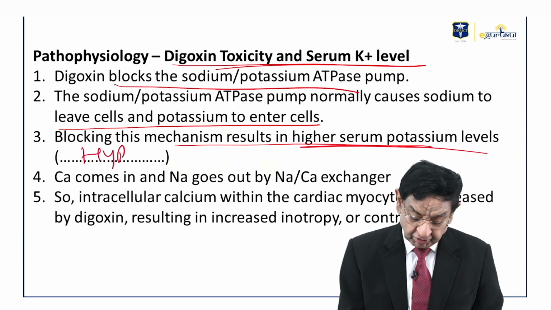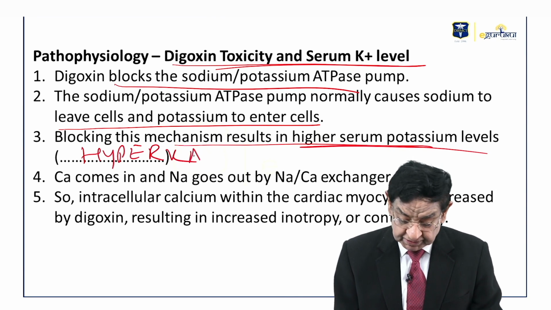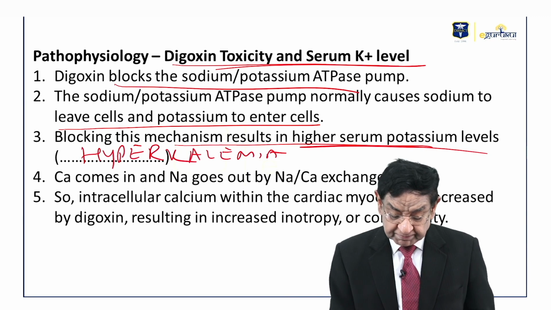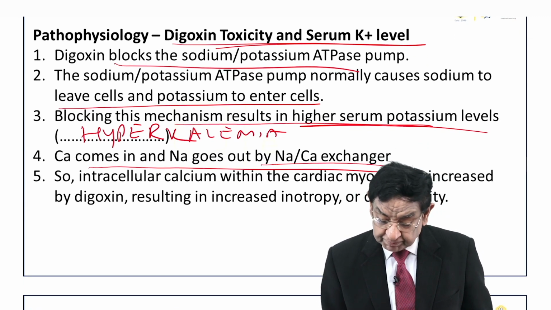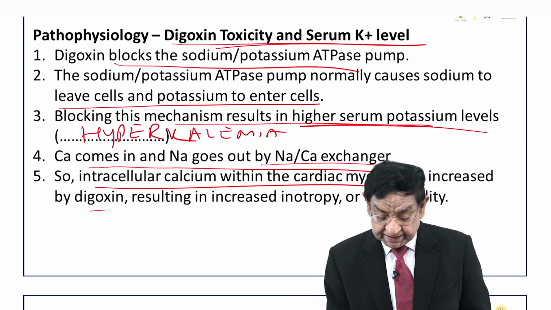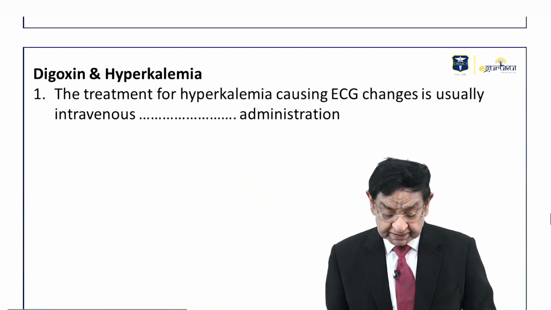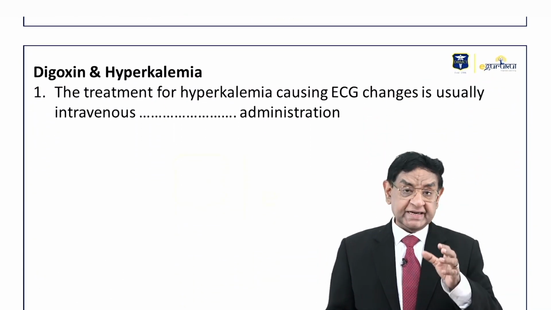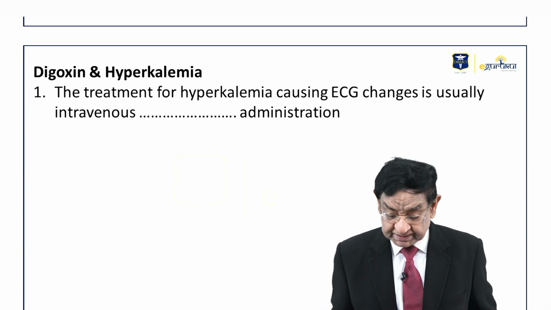If you want, you can write it down. Calcium comes in and sodium goes out by the sodium calcium exchanger, intracellular calcium increases, and that leads to the positive inotropic effect. The purpose of this slide is to show the mechanism of why hyperkalemia occurs.